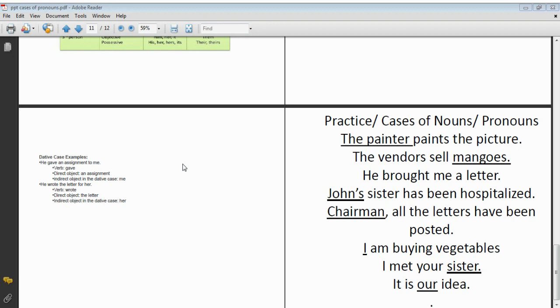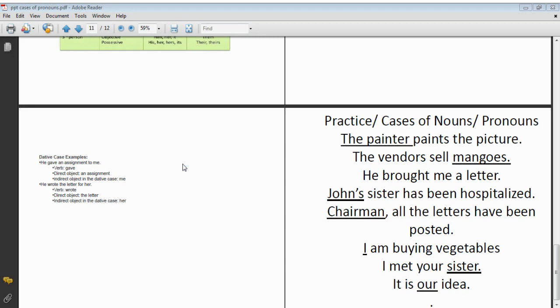Let's have another example. He wrote the letter for her. He wrote what? The letter. For whom? Her. So letter is the direct object because it is answering what, and her is the indirect object because it is answering whom. The verb is wrote, the direct object is the letter, and the indirect object in the dative case is her.